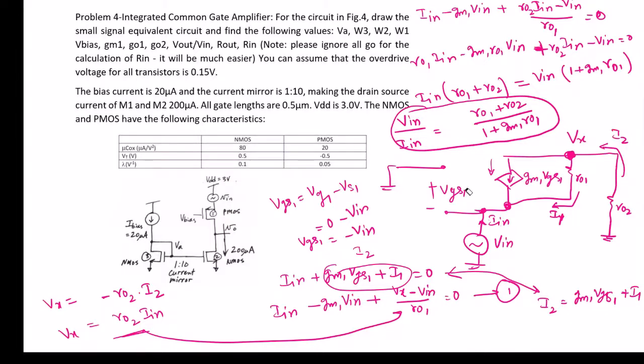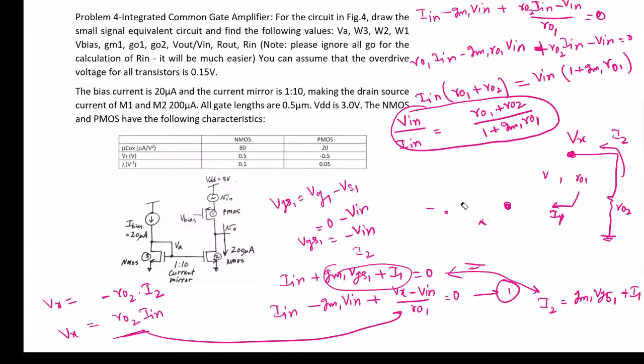Now we can put in the values of RO1, RO2 and GM1, and we can simply find out Rin. Rin will be equal to: RO1 is 100 kilo ohm and RO2 is 50 kilo ohm, so RO1 plus RO2 is 150 kilo ohm.